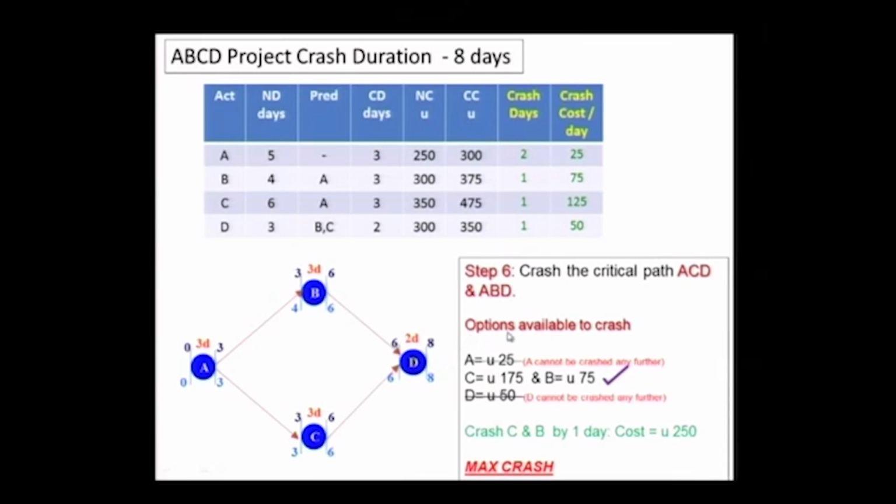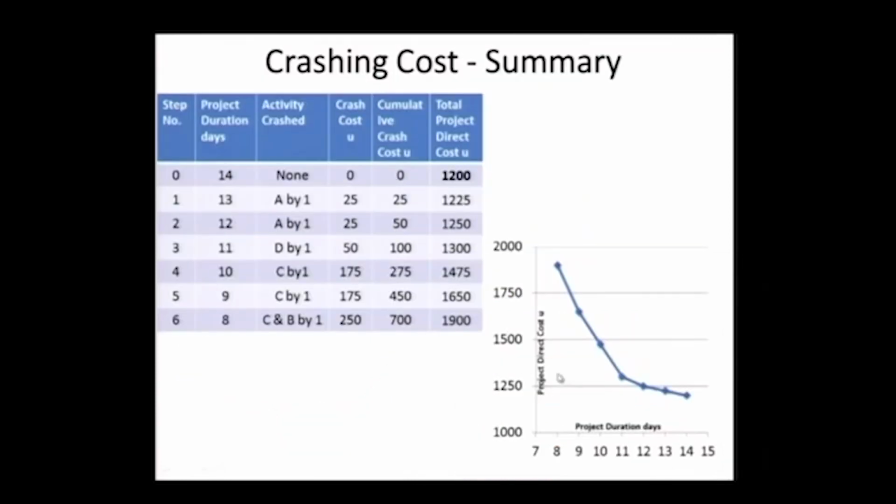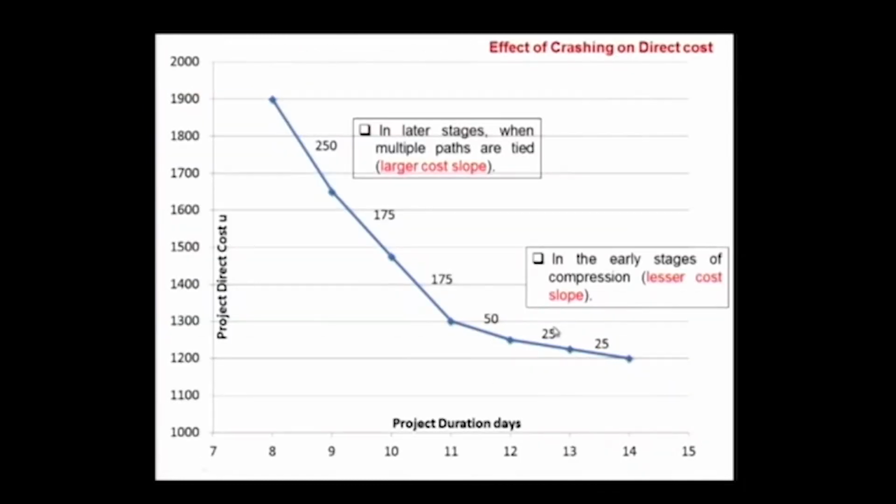So this was the maximum crash, and we now have a plot of the project duration versus project direct cost, and you can see the nature of the graph. What I have shown here is the slope of the graph for each step in which we crashed.